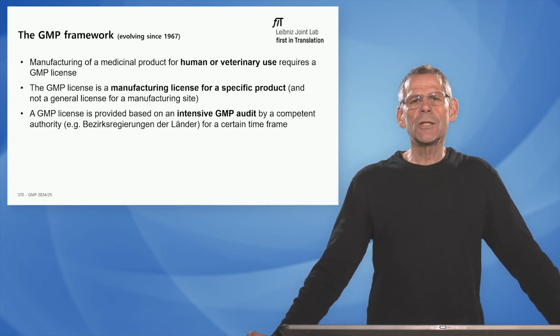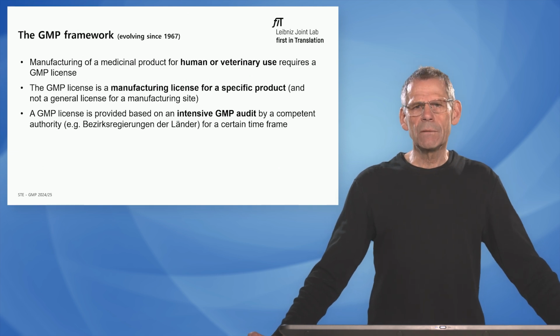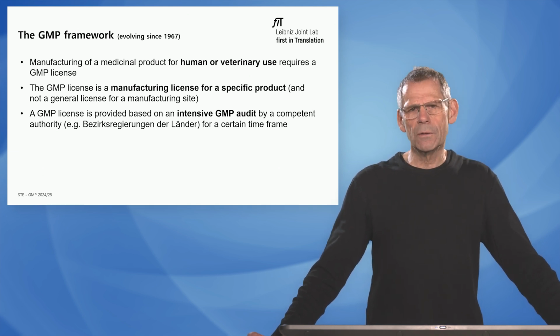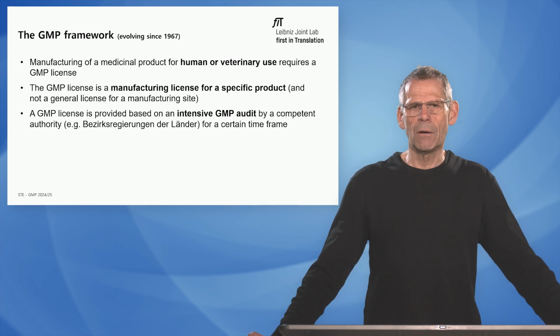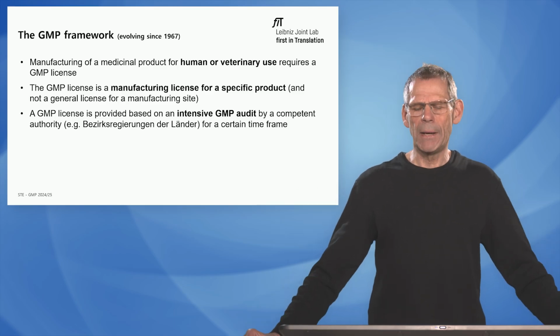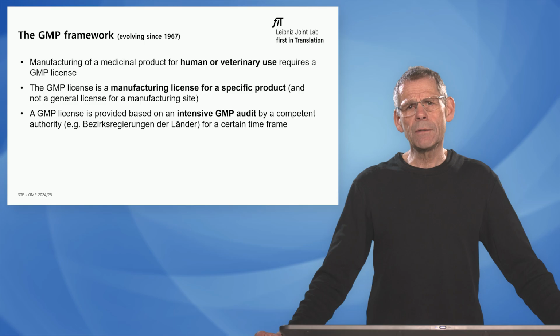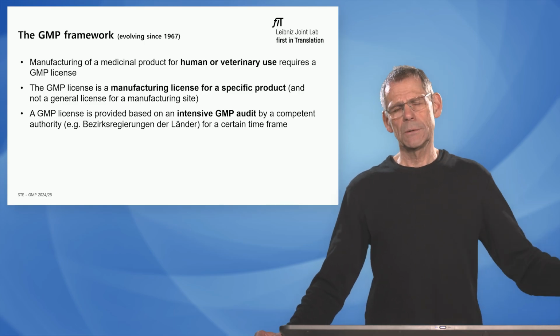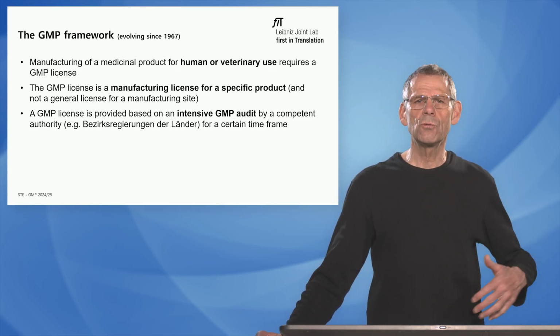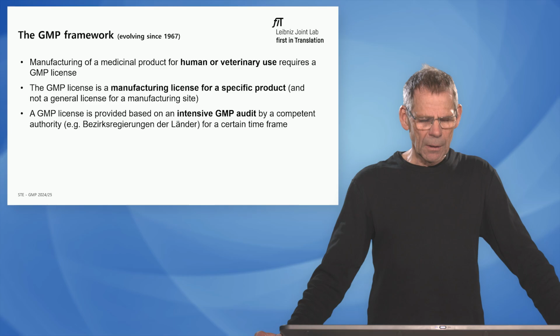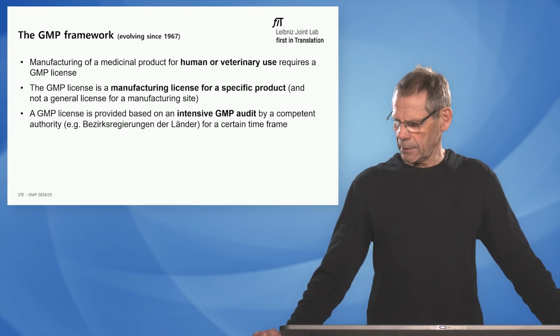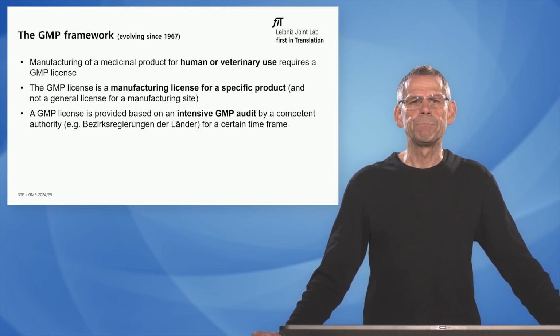And once you get a GMP license from this local authority, it's also accepted on a more or less global basis. And the authorities might require the local authorities to do certain GMP audits upon request.